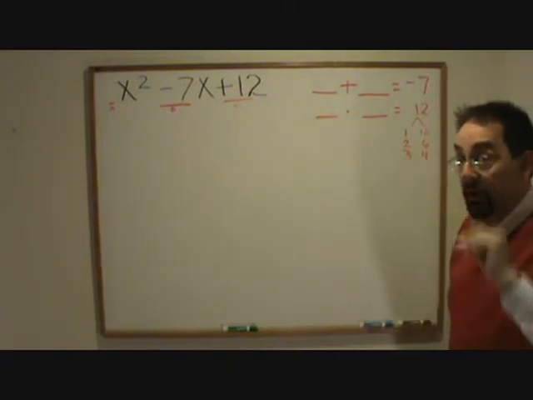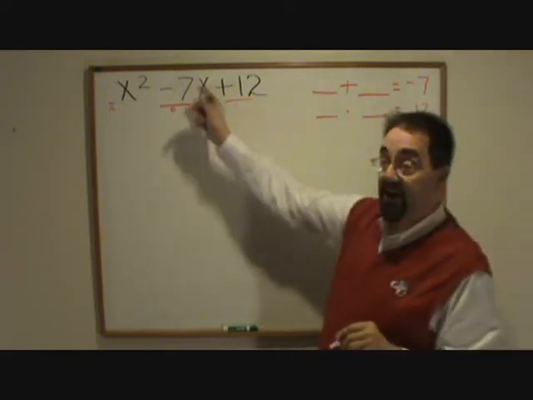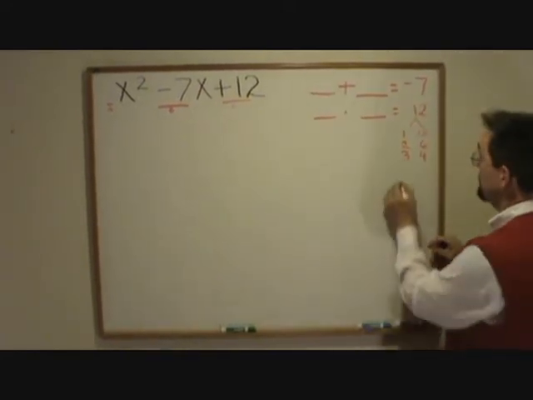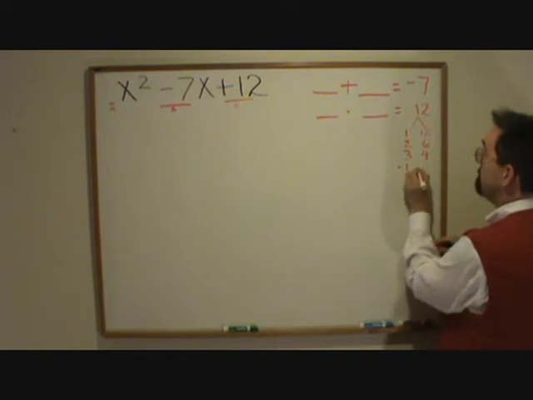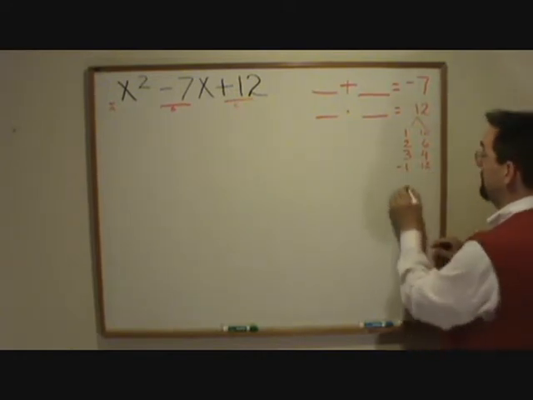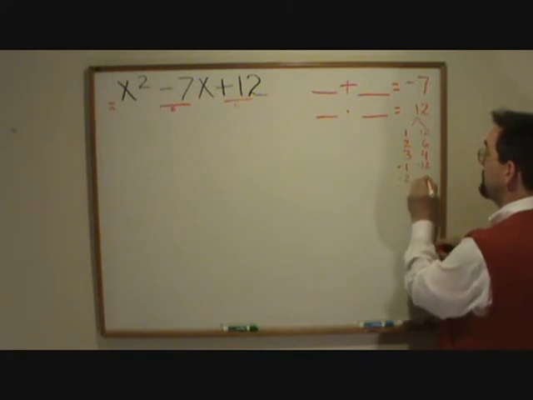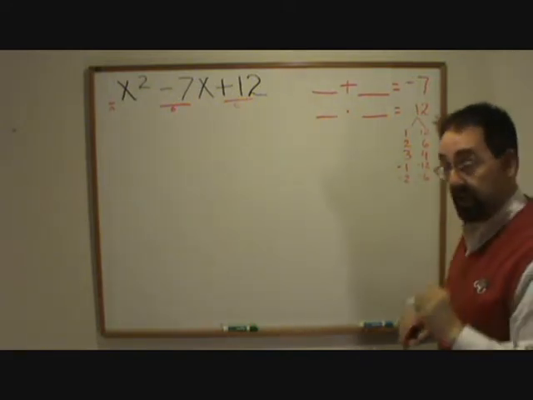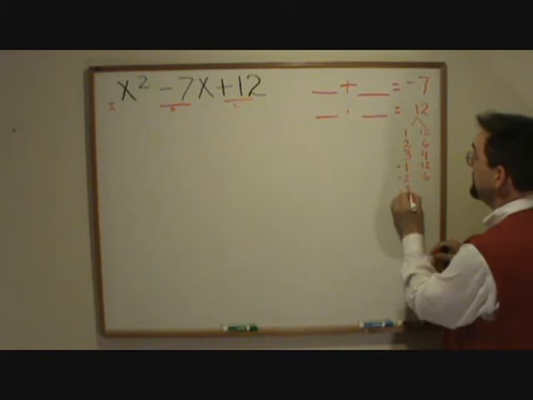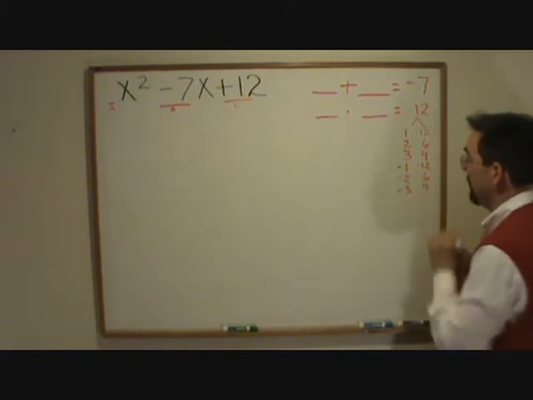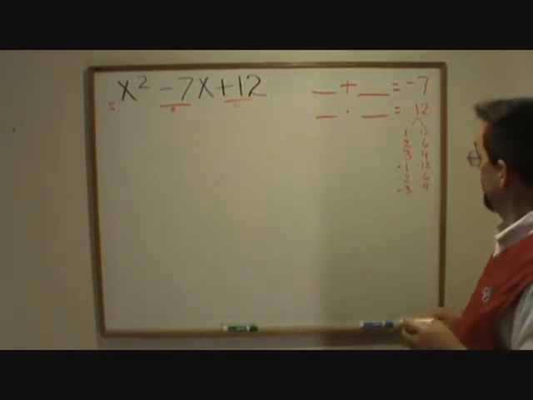We also want to focus on the fact that we have a minus 7 up there. So let's make sure if we go minus 1 times minus 12, we get a positive 12. Minus 2 times minus 6, we get a 12. Minus 3 times a minus 4, we get 12.